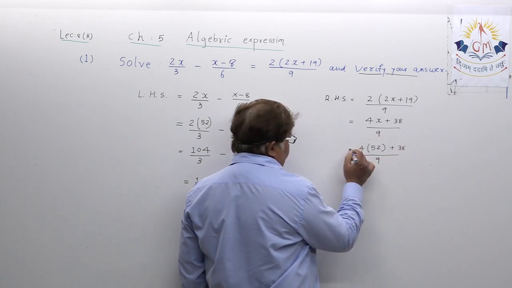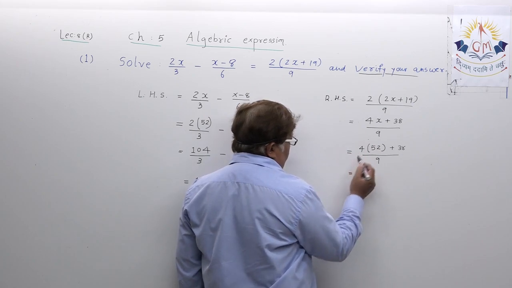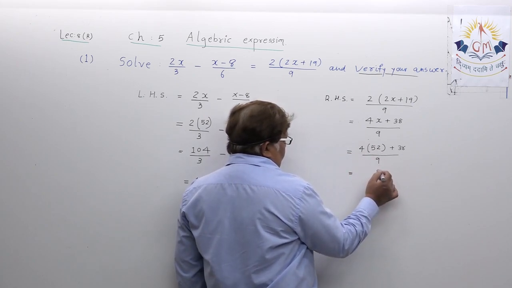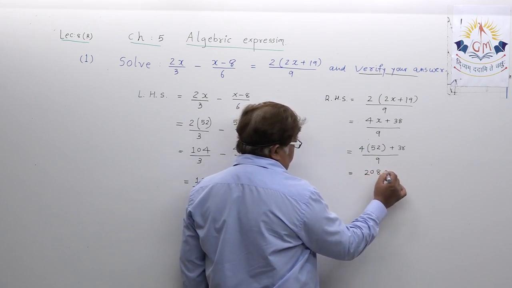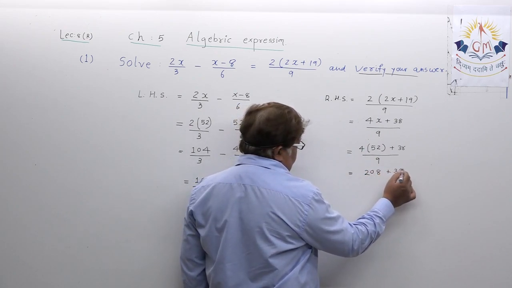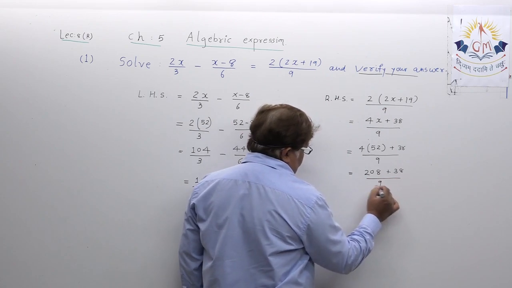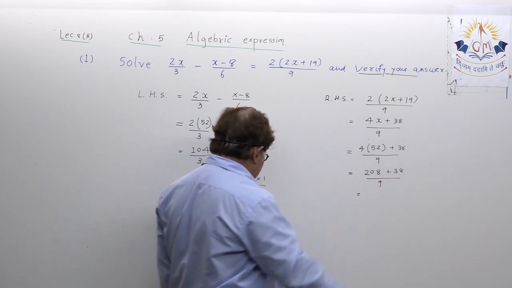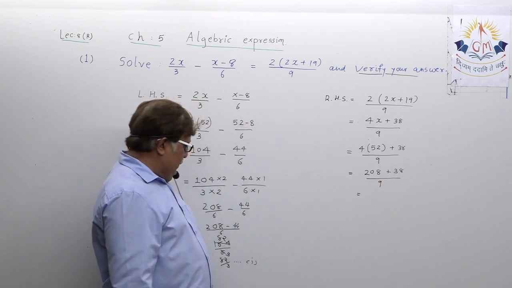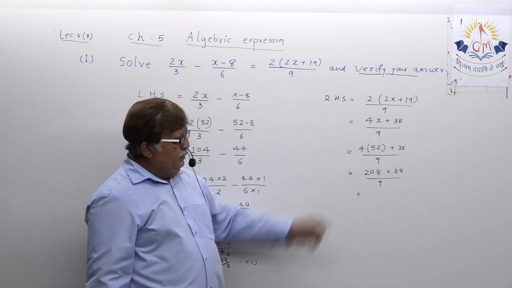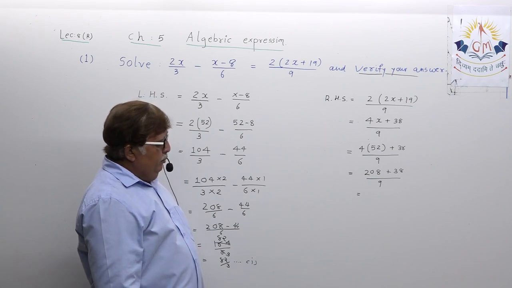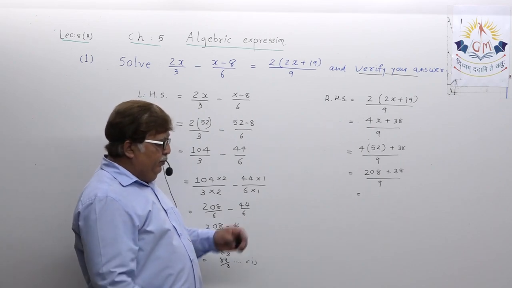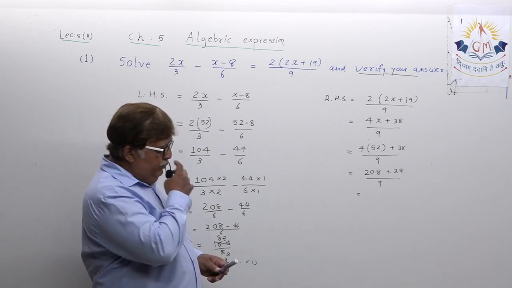Okay. 4 2s are 8, 4 5s are 20, 208 plus 38 upon 9. Is it clear? Right? 208 plus 38 upon 9, you got this.